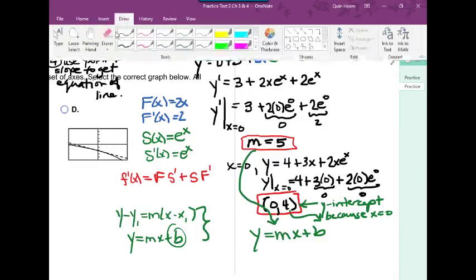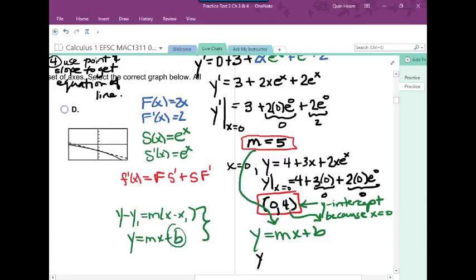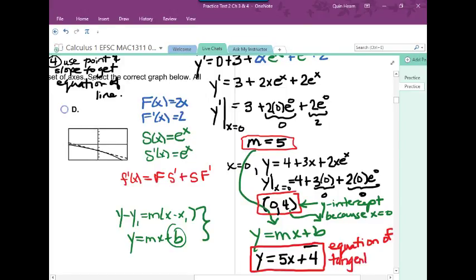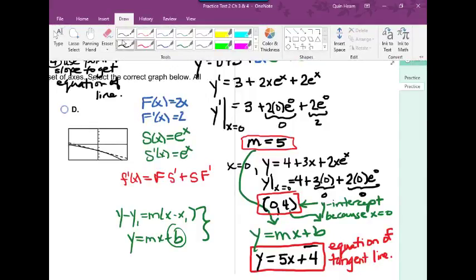So we can just say that the equation of the line is going to be y equals 5x plus 4. And we're done with that part of the question anyway. We found the equation of the tangent line.